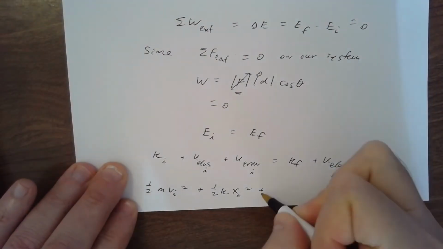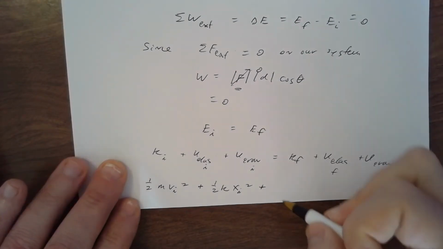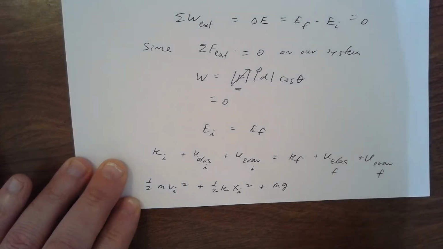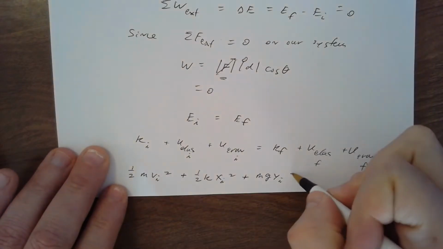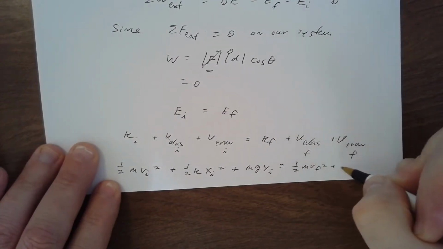And the gravitational energy of an object-Earth system is always calculated by the mass of the object times little g times the height of the object above the Earth. I'll put those same formulas on the right hand side.